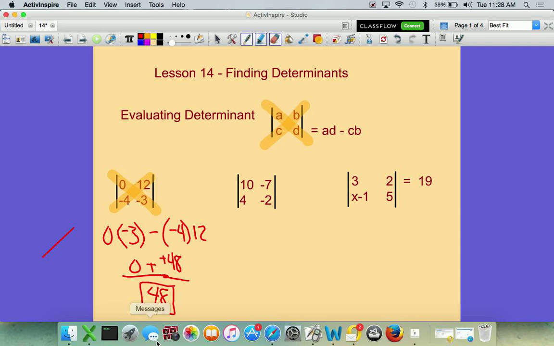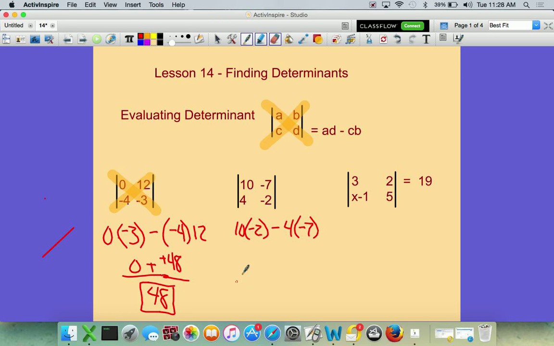So when we're evaluating, which always means solve, this one, we see an answer of 48. With our next one, we're doing the exact same thing. We're taking down minus up. So 10 times negative 2 minus 4 times negative 7.